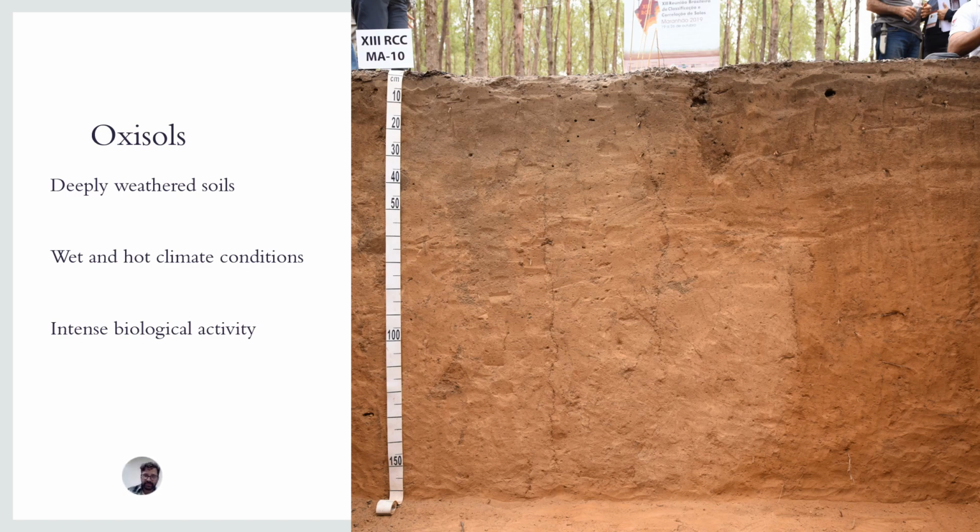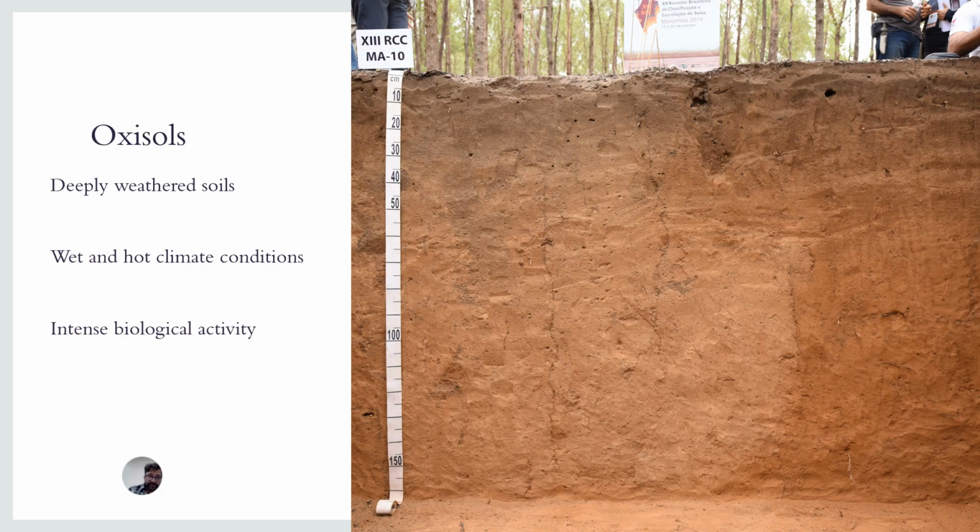Some scientists already say that the oxisols are biological soils, or soils produced by biological activity, because it's quite easy to find that the spatial distribution of these oxisols is strongly related to some organisms, like the termites, for example.